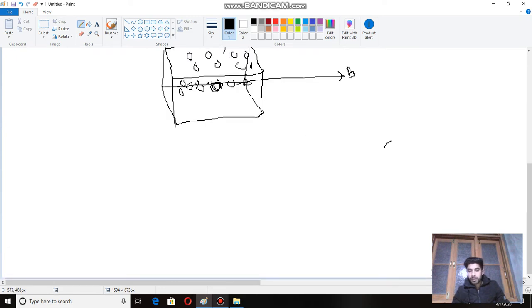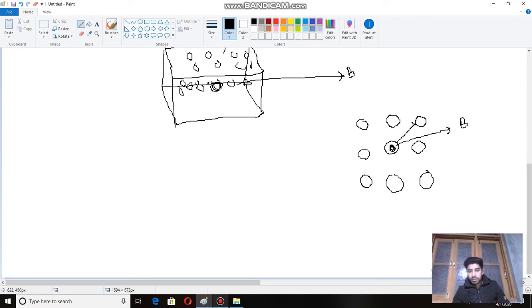See, this molecule in the bulk will have atoms in all the 3 dimensions around it. It's not possible to make 3D here.